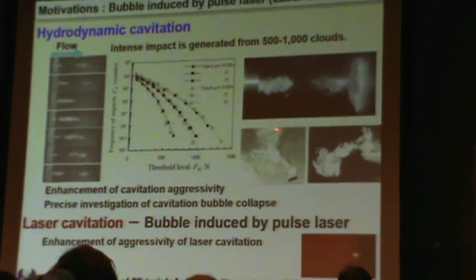But this is too complicated. So this is why I'd like to create a simpler cavitation, but I'd like to enhance the cavitation aggressivity. So I put a submerged pulse laser to the target.